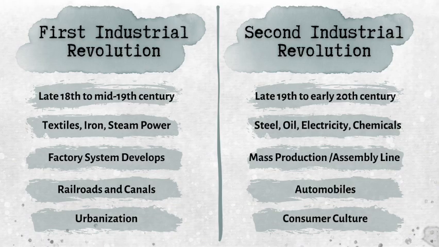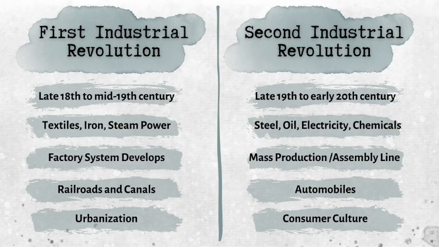Under the First Industrial Revolution, we see things like textiles, iron, and steam power, versus the Second, where it's now focused more on steel, oil, electricity, and chemical production. Under the First, we see the development of a factory system, whereas in the Second, it moves to mass production and assembly lines within those factory systems.